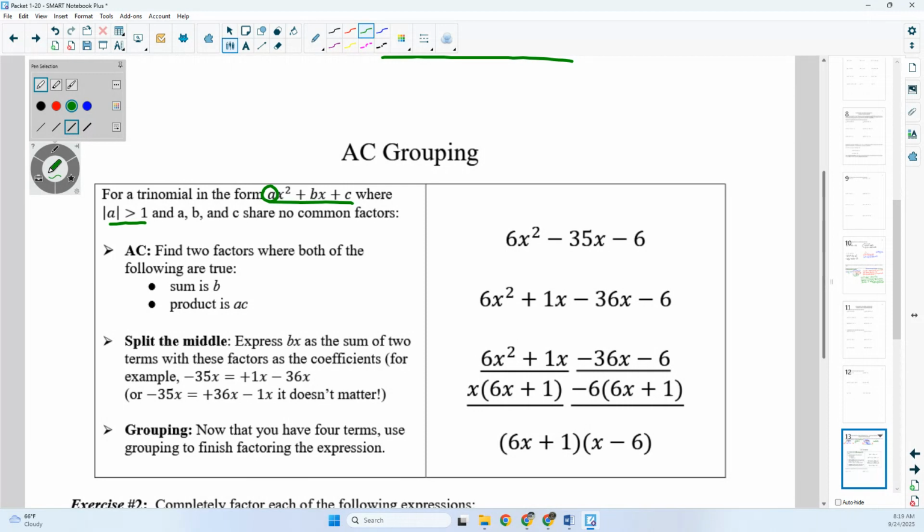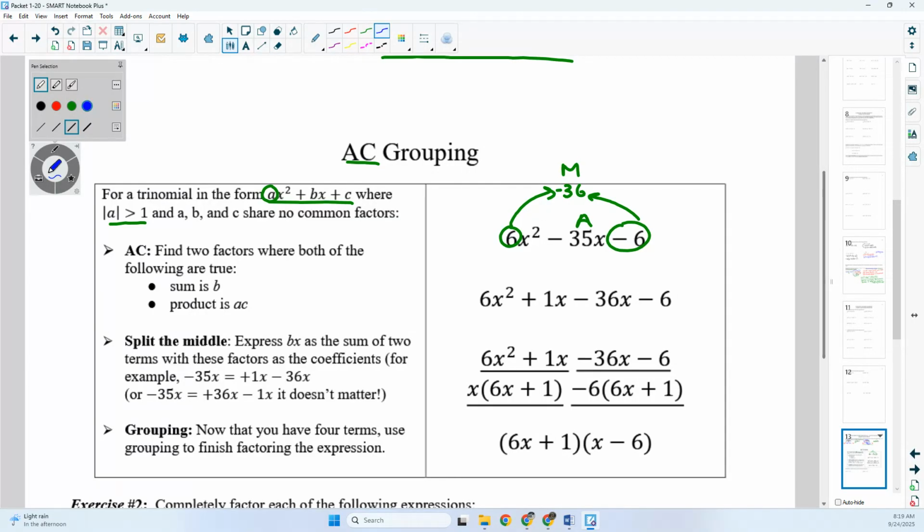So the first thing we do is the part that needs the AC. We find 2 factors where both of the following are true. The sum is B, so we're still trying to add up to this number. What's a little different is we multiply the A and the C numbers together, and that's the number we're trying to multiply to.